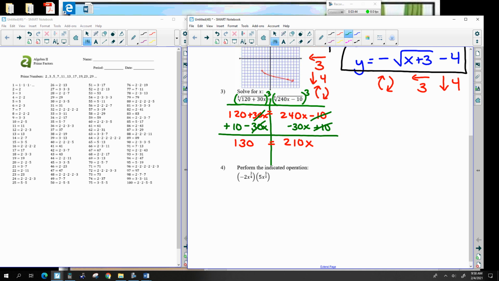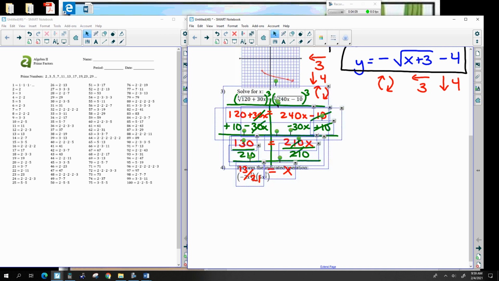Usually they make happy-go-lucky numbers. So we divide by the number that is right next to the x. And so x is equal to, I would put this into the calculator and reduce it. I think this reduces to 13 over 21. 13 over 21, I think, is as good as it gets in that particular problem.